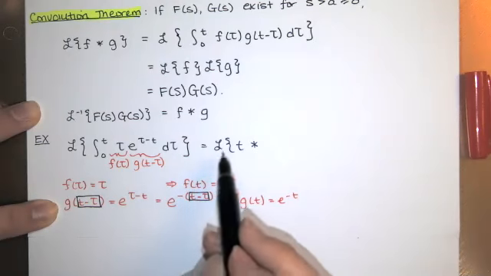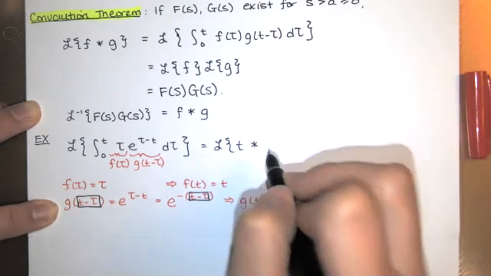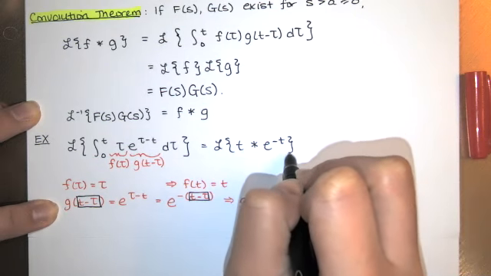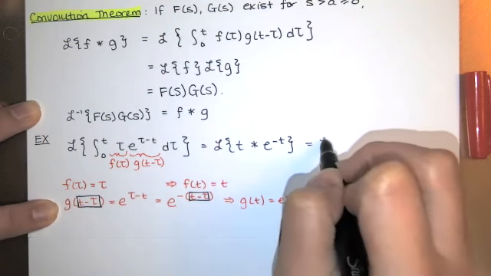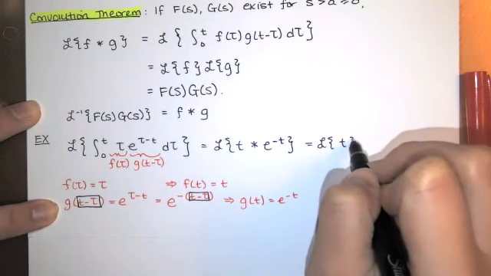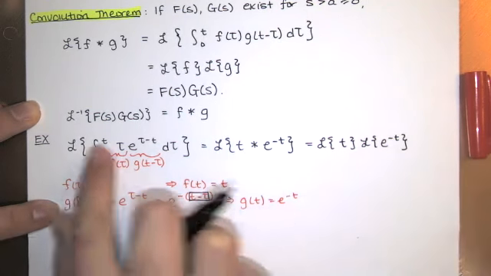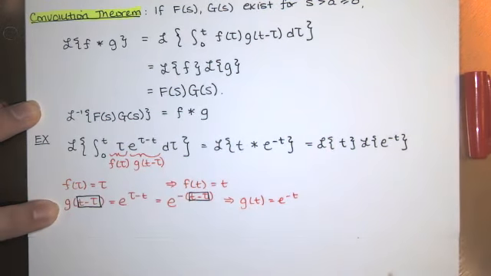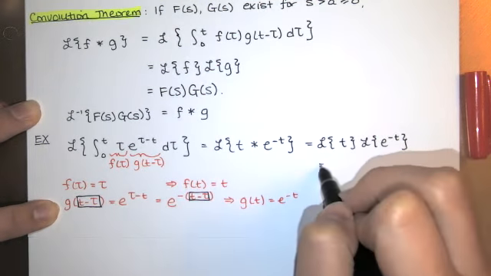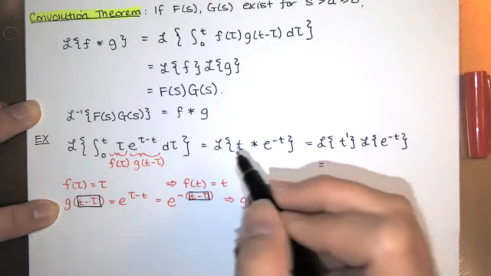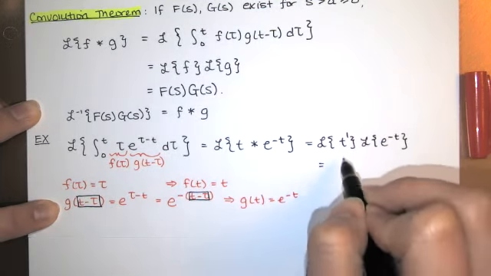So this is the Laplace transform of the convolution of f of t, which is t, with g of t, which is e to the negative t. Well, according to our theorem, the Laplace transform of the convolution is the Laplace transform of the first factor times the Laplace transform of the second factor. If I saw this in an equation and I needed to compute the Laplace transform of it, I would probably use this method. So I'd say, oh, that's the convolution of these two functions. Take the Laplace transform of the first factor.